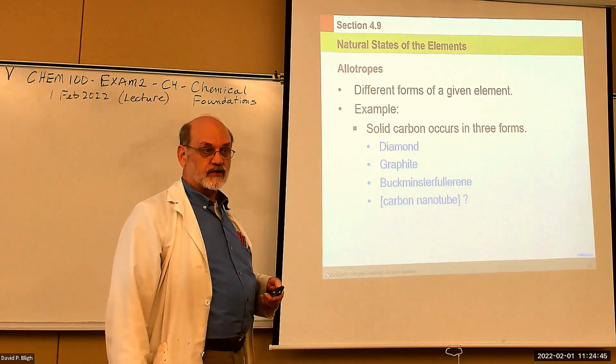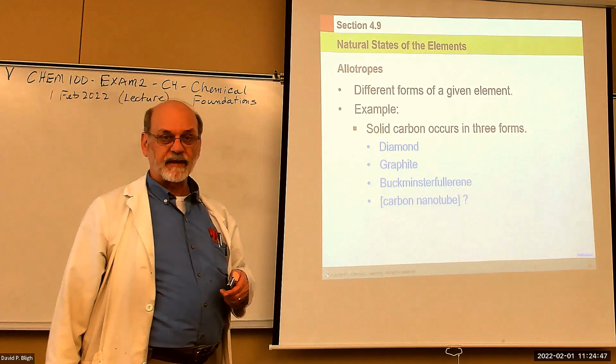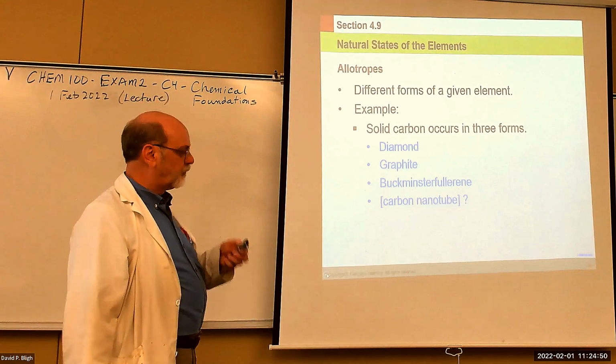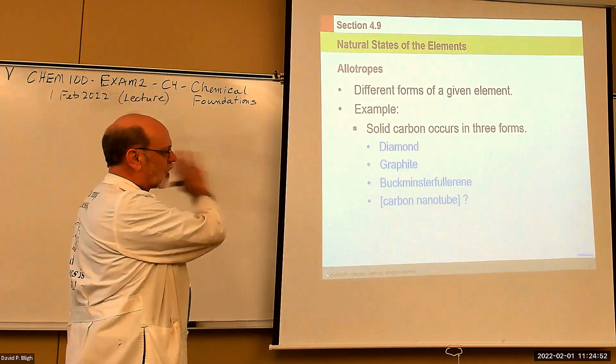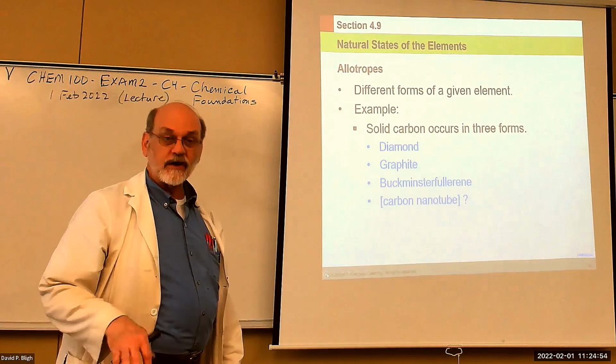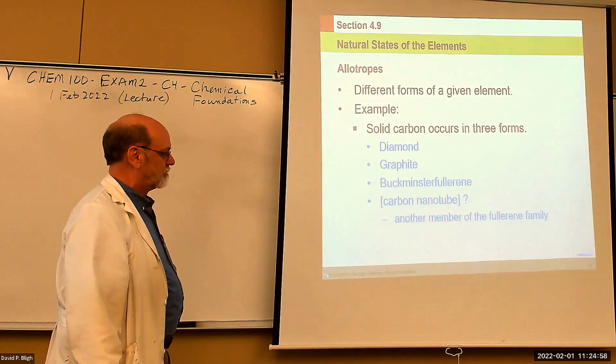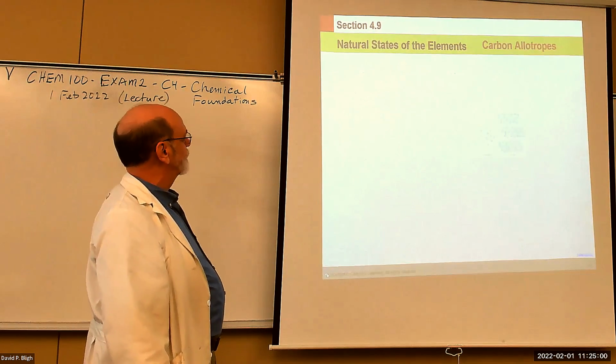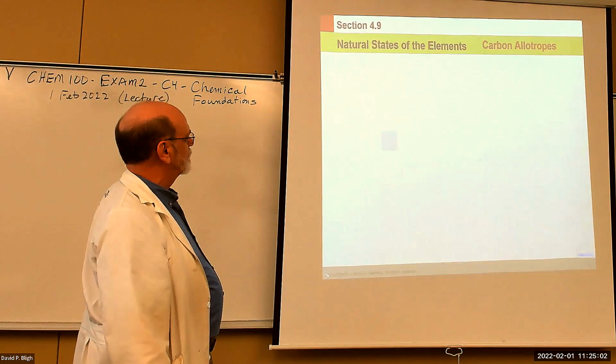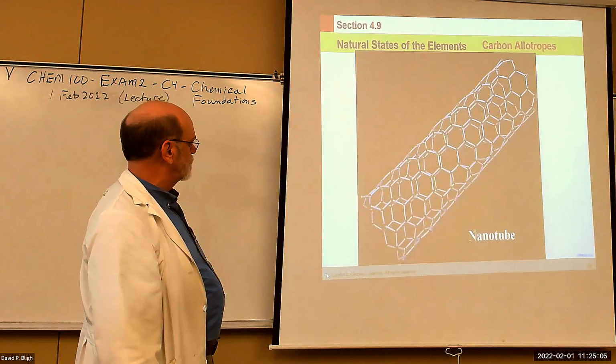It turns out that they're good conductors of electricity in the proper form, but they're all carbon. There's only carbon in these and nothing else. Let's see. There's a nanotube.